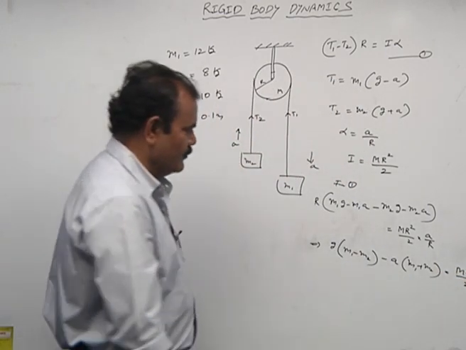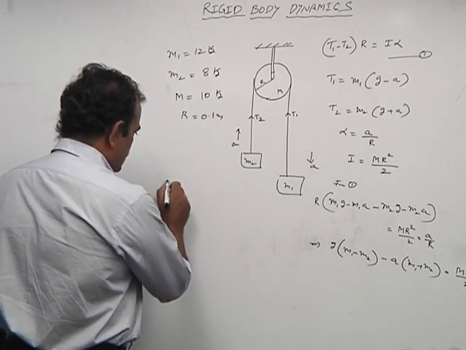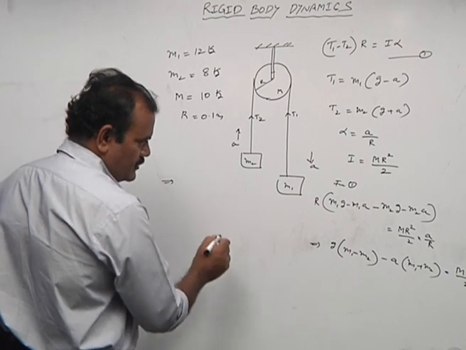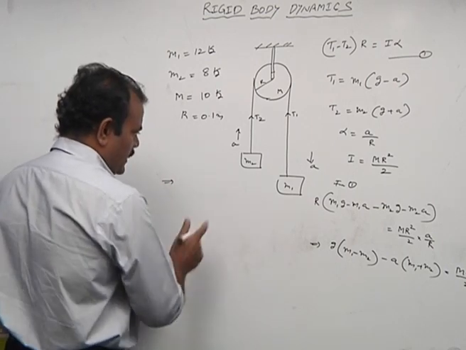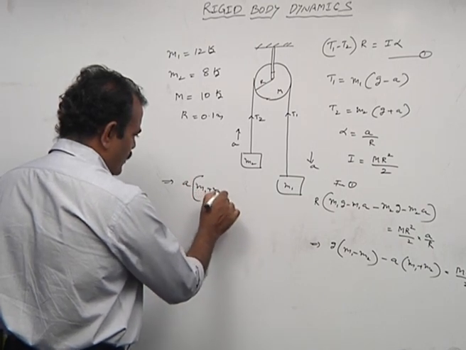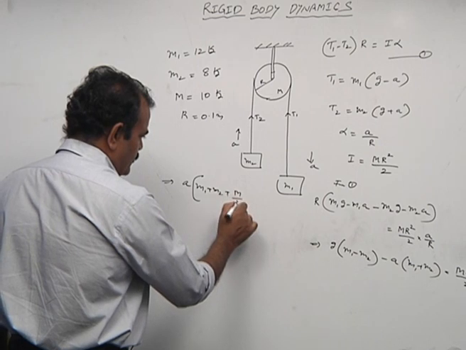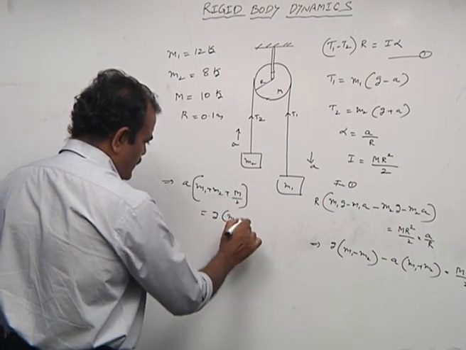Now we are bringing all the accelerations to one side. So it is MA by 2. A can be taken like this: A of m1 plus m2, and plus m by 2, and thereafter G of m1 minus m2.